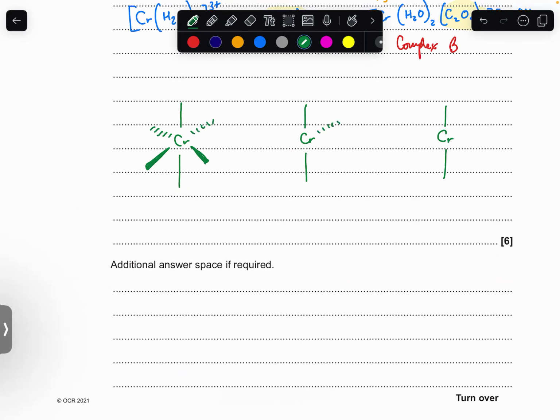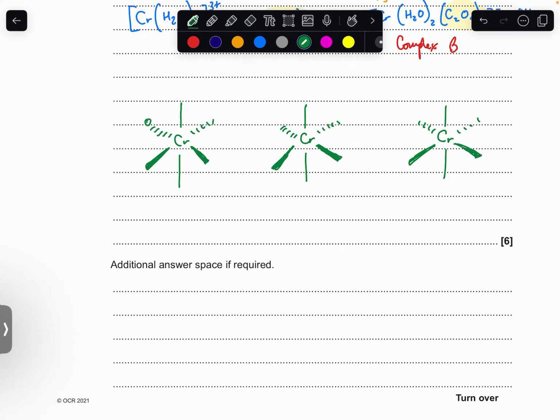Again, if you look at the past questions we've been doing, this type of question has come up before, where you got 2 bidentate ligands and 2 monodentate ligands. You got your ethane dioate ions.